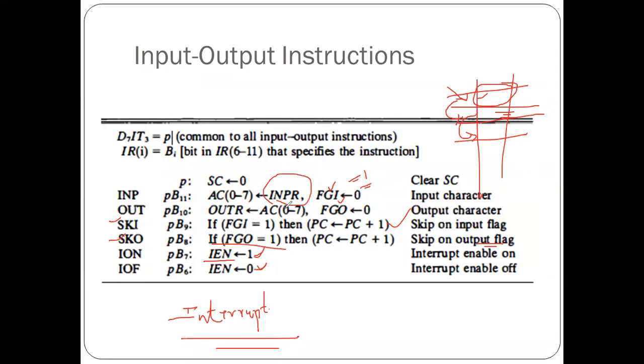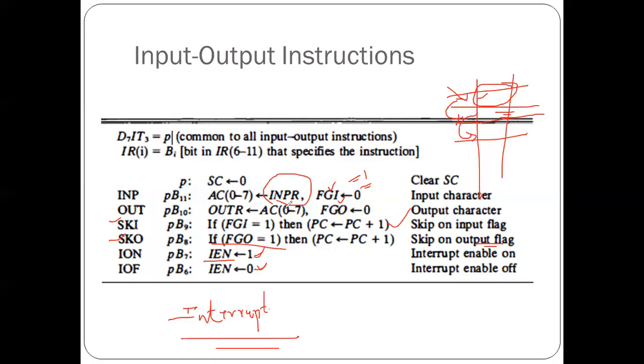INPR is a register. It has to be filled with a character which is coming from your input device. If it is filled, then only the CPU can read the character. After filling it, the input device will set the flag, which is called FGI, the input flag, and then the CPU will read INPR.